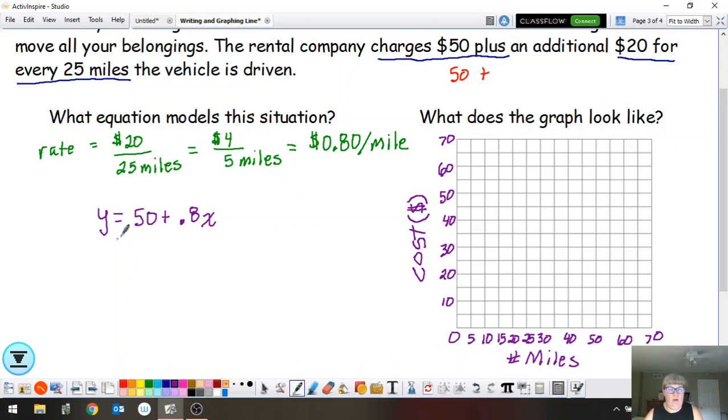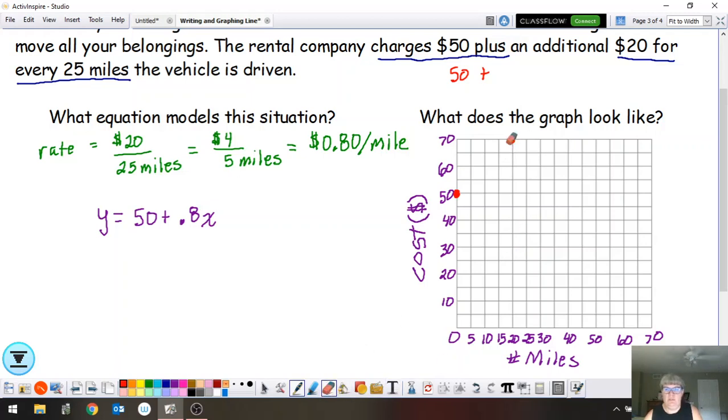So my y-intercept is at 50. And since my scale is the same, if I count up 4, 1, 2, 3, 4, I can count to the right 5. Oops, I didn't count 5.